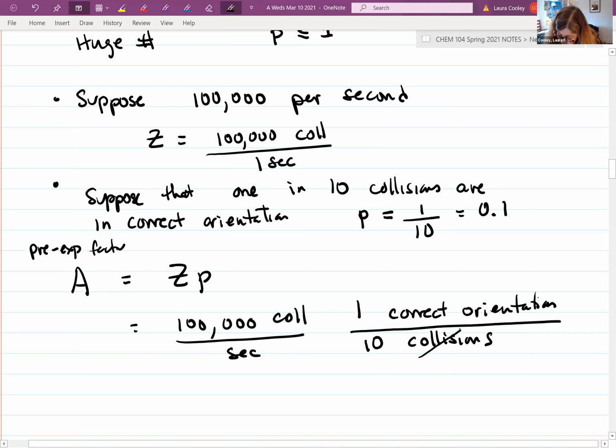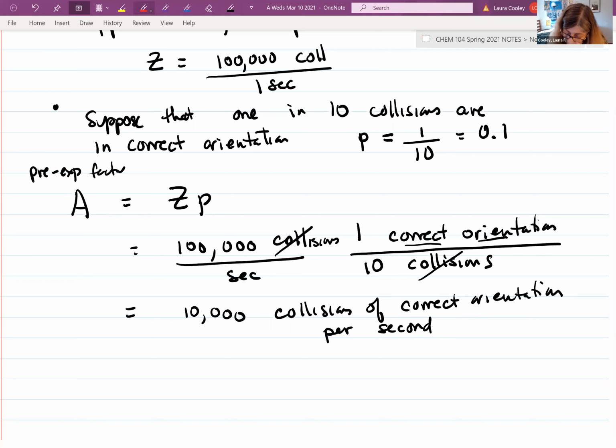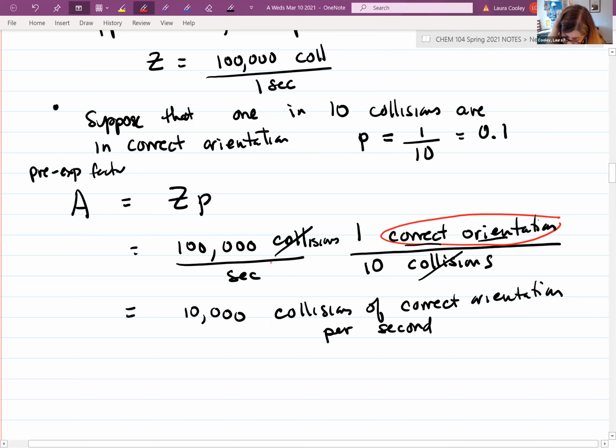So you could see I can cross out collisions here. And this means I have 100,000 divided by 10. That's 10,000 collisions of the correct orientation per second. Because what I'm left with here is this divided by that.